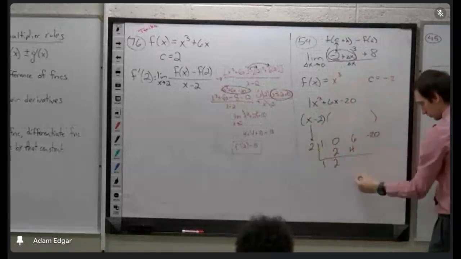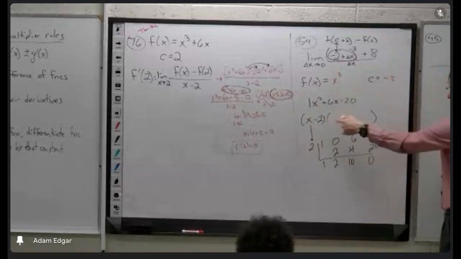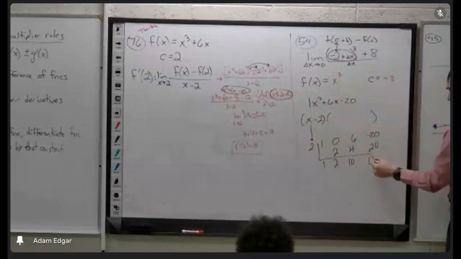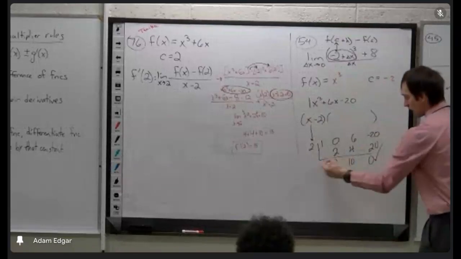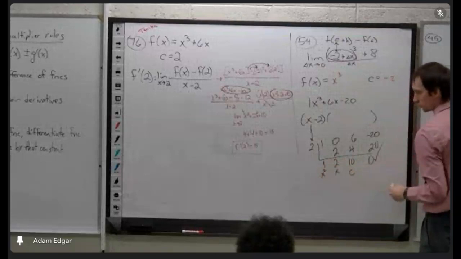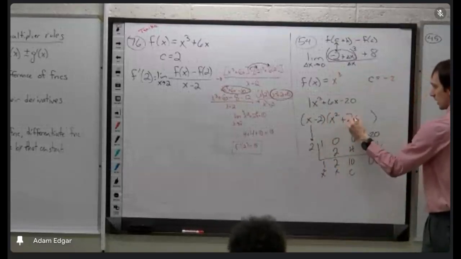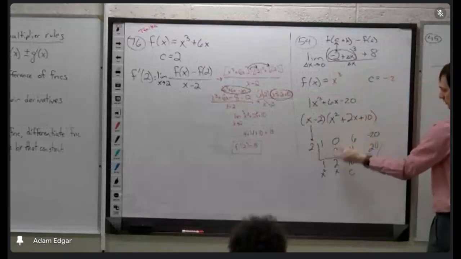Add straight down, multiply by 2. Add straight down and hope for a 0. If the remainder is 0, ta-da, x minus 2 really is a factor. That checks out. This stuff gives you your constant, x, and x squared coefficients. So you have a 1x squared, a 2x, and a 10. And they're all positive, so pluses.